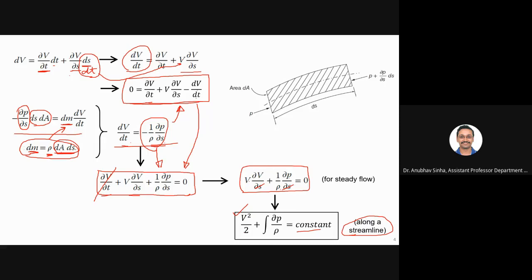Is this clear how I derived this equation? Yes, sir. Okay, so this is called the compressible form of Bernoulli equation. One important thing that we see here is, if I want to integrate this term, what will be the condition for this equation?